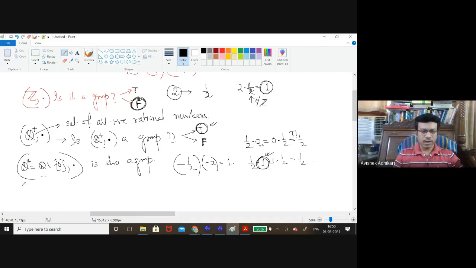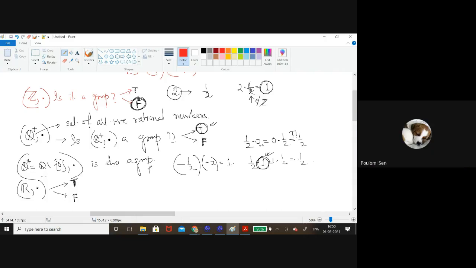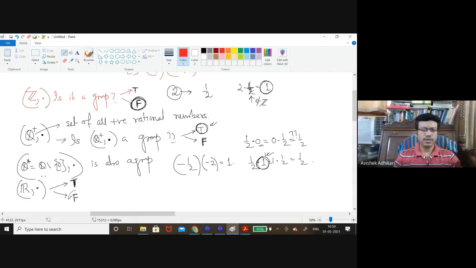Very good. Now what about R with respect to dot? Real numbers with respect to dot. Is it a group? True or false? All real numbers with respect to dot. True or false? False. Why?